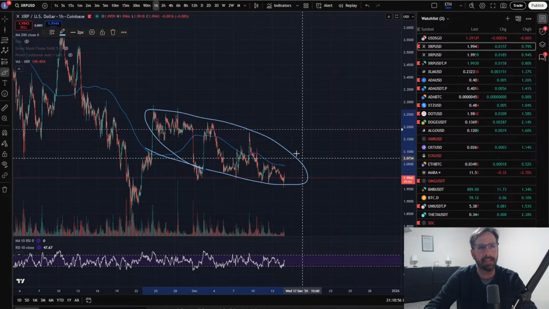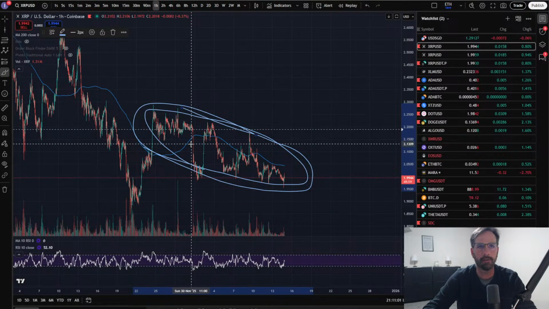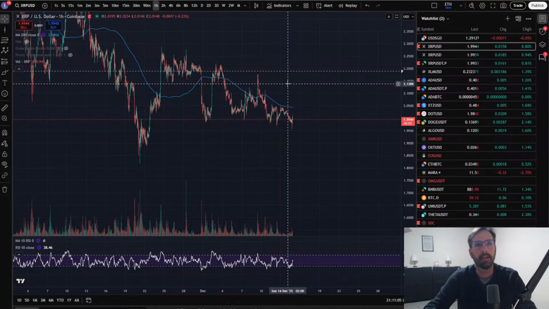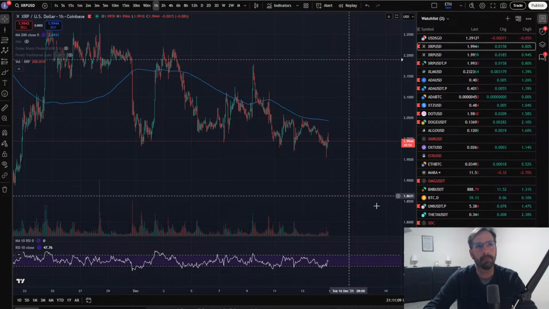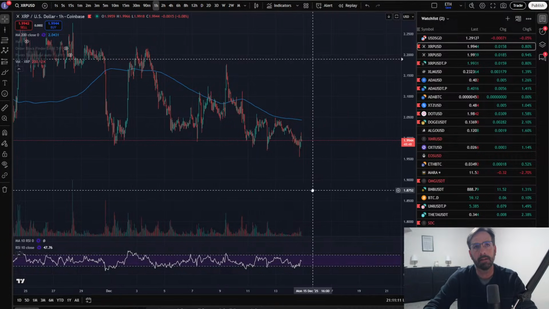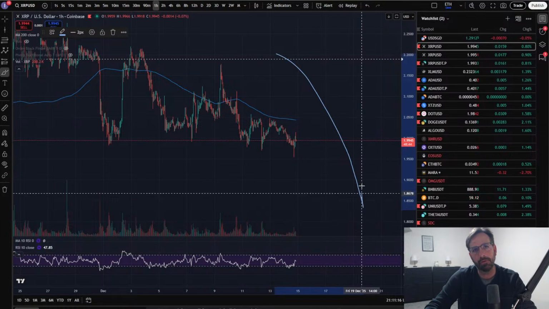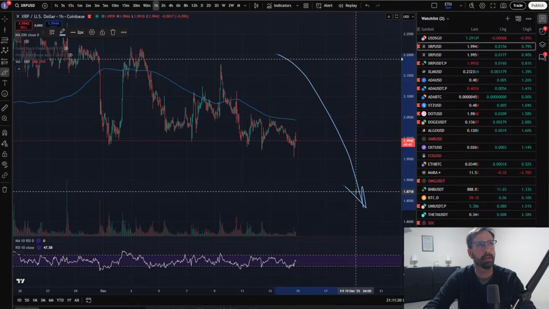Applying Elliott to this is just super hard. It's not a clear picture. I can see some clear things, but I just don't have great clarity here. So at the end of the day, my take is down. I see more down coming.